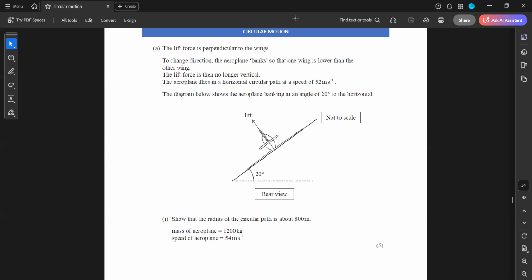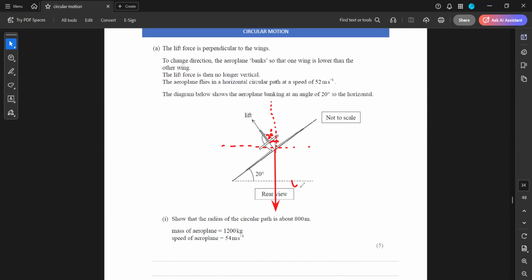This is L. If I take the axis here, this will be 20 degrees as well. And what are the forces acting? The weight is acting downward. And this angle theta is the same as this angle, 20 degrees.